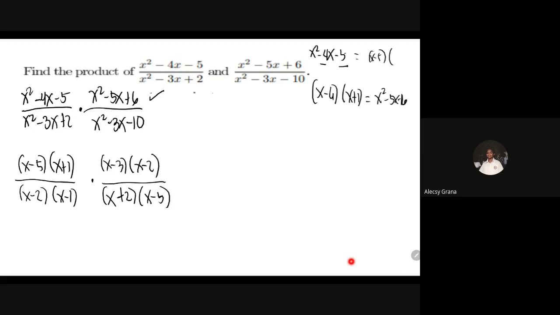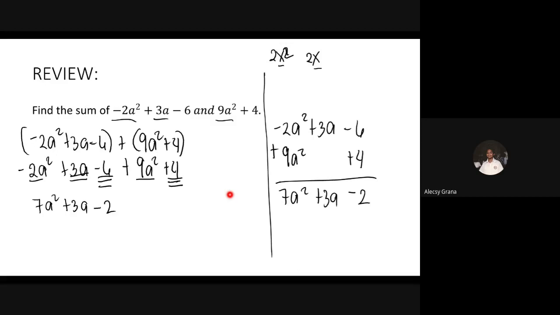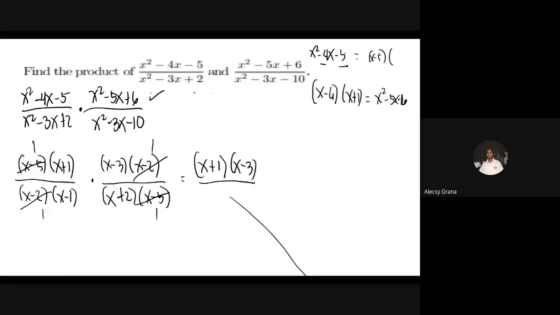Tama? Okay. And notice na pwede mo siyang ma-divide. Kapag kinancel natin, hindi po yan nawala, kundi naging 1. Ito naman, pwede siya. So you will be left with x plus 1, x minus 3 over x minus 1, x plus 2.